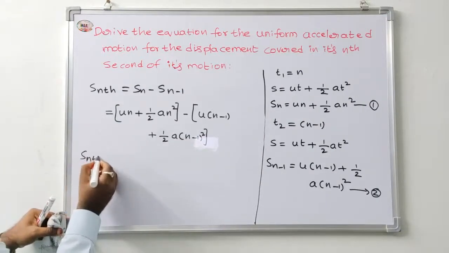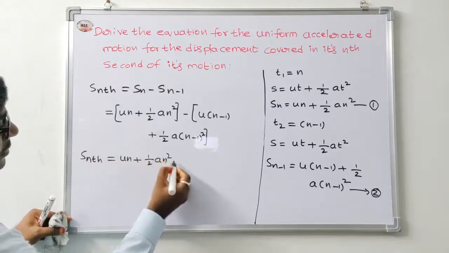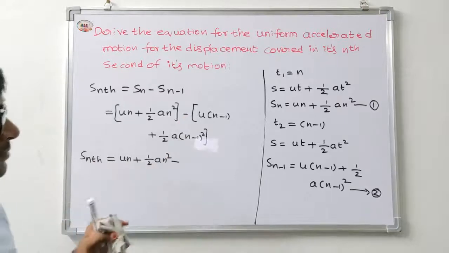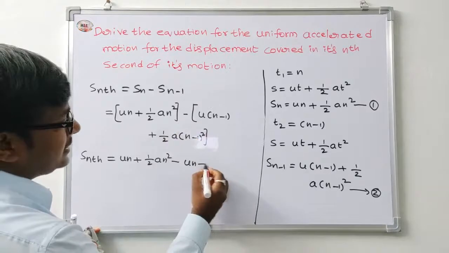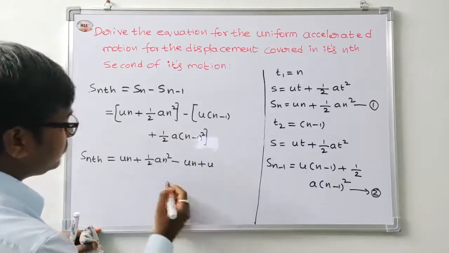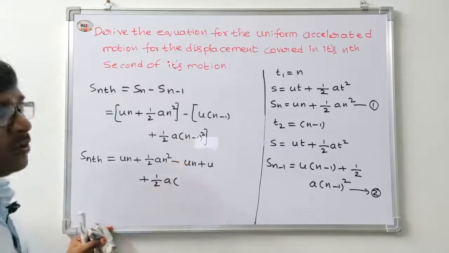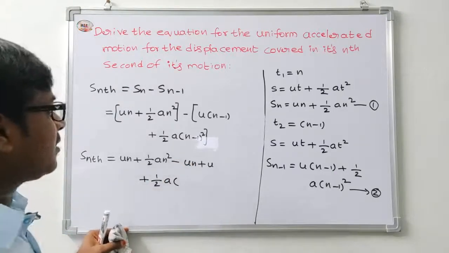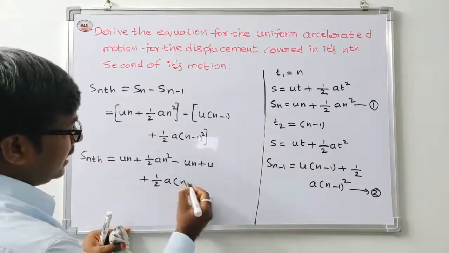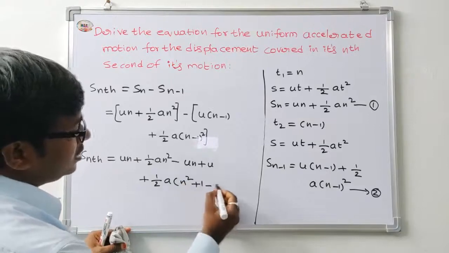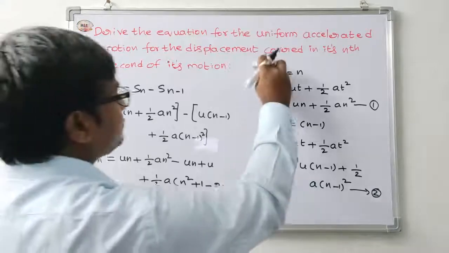Sn is equal to un plus half an square, minus un plus u, plus half a into n minus 1 whole square. Using the formula (a minus b) whole square, a square plus b square minus 2ab, n square plus 1 minus 2n. Then multiplication, students.